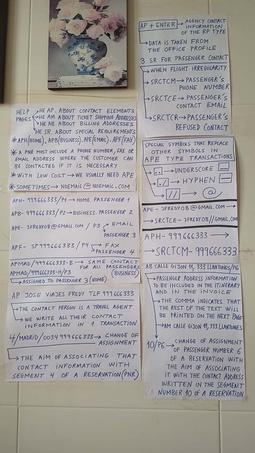We can observe that the structure of this transaction is the same as the structure of the transaction that starts with the AB code. The only difference is that AM type transactions are used to send tickets to customers.